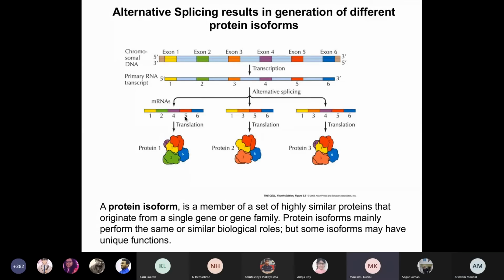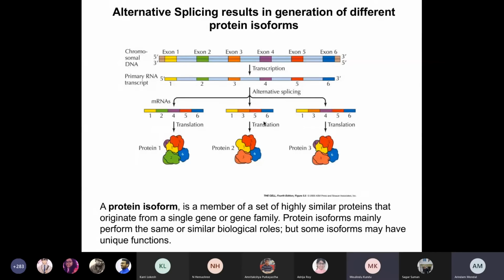Sir, I didn't understand. Can you just explain a bit more? Yeah, so say for example, instead of having introns and exons, you want to achieve the same goal. That means you want to produce similar proteins which will be having similar regions, right? That means their genes will be similar in terms of their sequences, right?